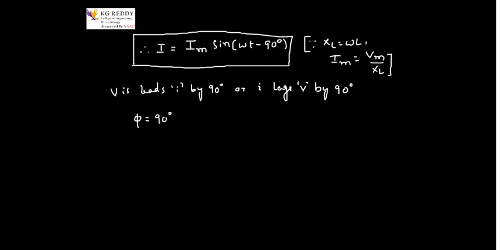If we want to calculate the power factor, we already know the definition: it is the cosine of the angle between voltage and current. The angle here is 90 degrees, so the power factor is cos phi, which is cos 90 degrees.